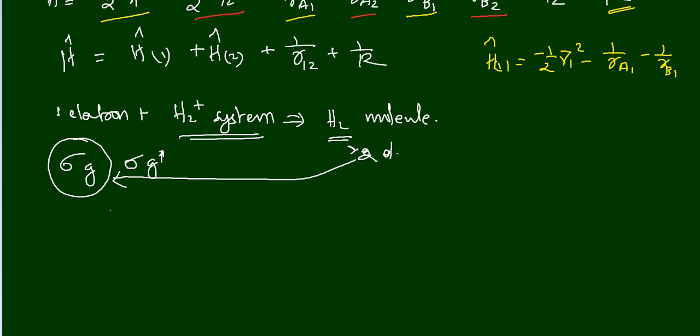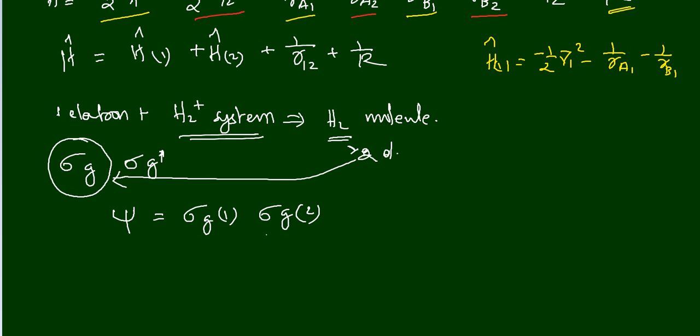The wave function for the H2 system psi is equal to sigma g1 sigma g2. It means that both electron 1 and electron 2 are in the sigma g molecular orbital of the H2 plus system. We are borrowing this molecular orbital, and we are placing both electrons here.